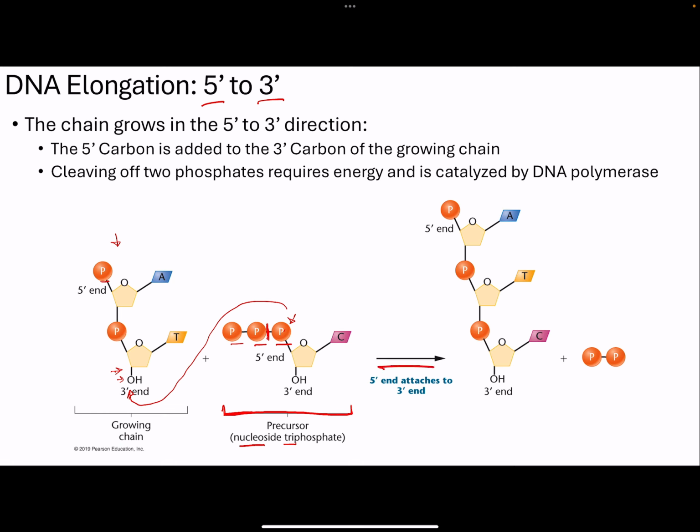So ultimately what you get is the 2 nucleotides that were originally part of the DNA chain and this new nucleotide that's been added, producing, like we've seen before, a water molecule, as well as these 2 phosphate groups.